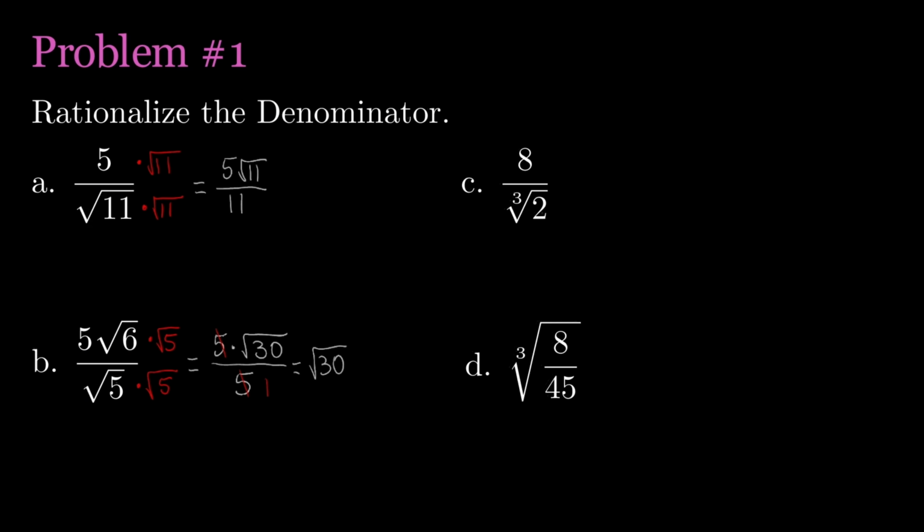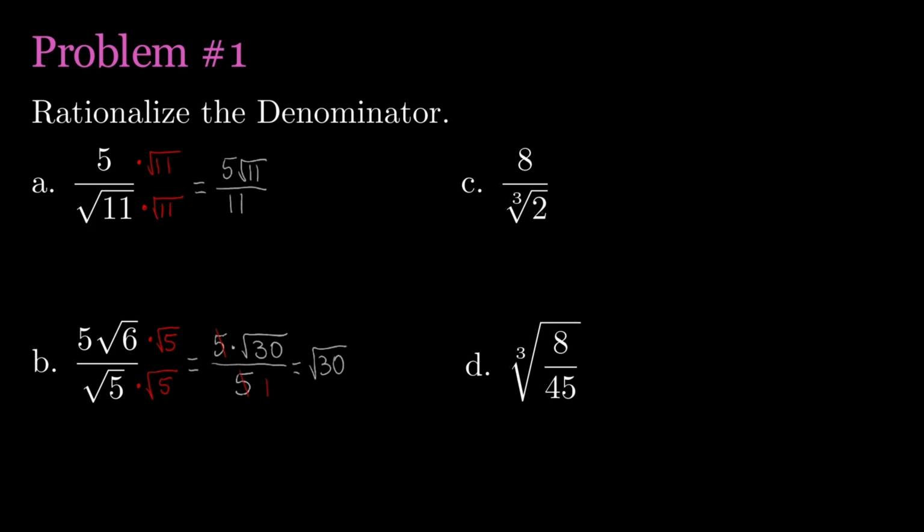In part C, the situation is a little bit different, because instead of a square root in that denominator, we have a cube root. And it's the cube root of 2 that is not a perfect cube. So to get the radicand by itself, we need to cube the cube root of 2. Therefore, we need to multiply the cube root of 2 by itself 3 times.